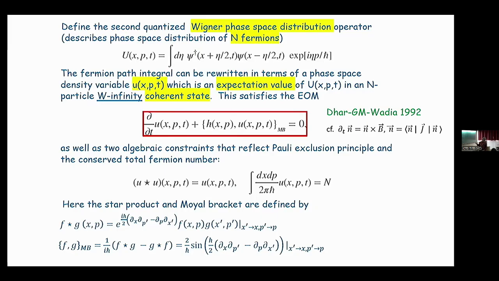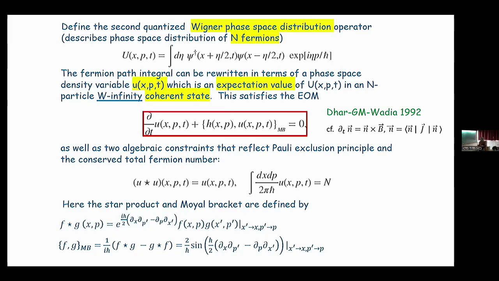Now I have just promoted the single particle wave functions to second quantized fermion fields, and this is what is called the second quantized Wigner phase space distribution. So the idea would be to represent my n particle Hilbert space of fermions in terms of coherent states of this W infinity. I'm going to explain that.